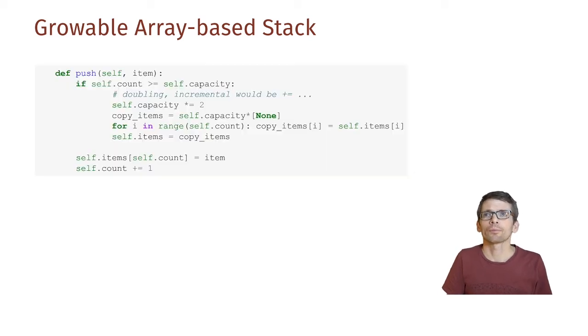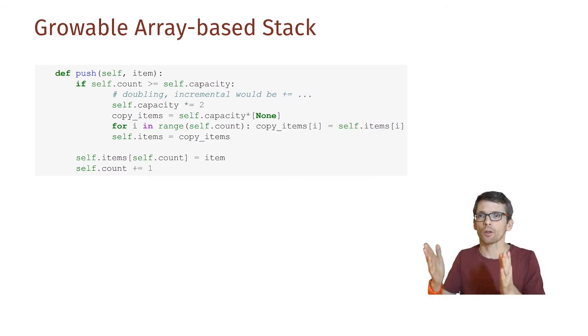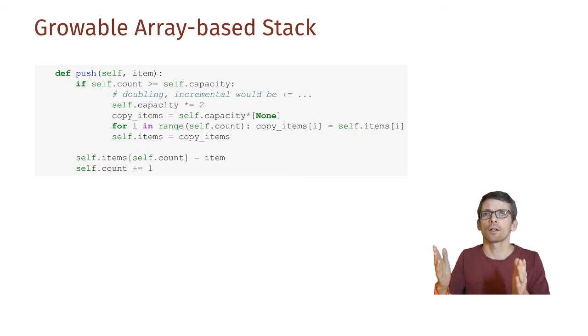This is how this could look as Python code. This is simply the push that we've already seen, but anytime we run out of memory, and this would be the doubling strategy, we double the capacity, we make a new array, called here copy items, which has the new capacity as its size.